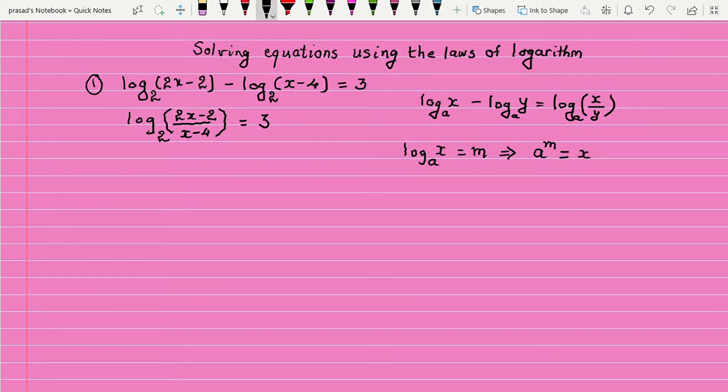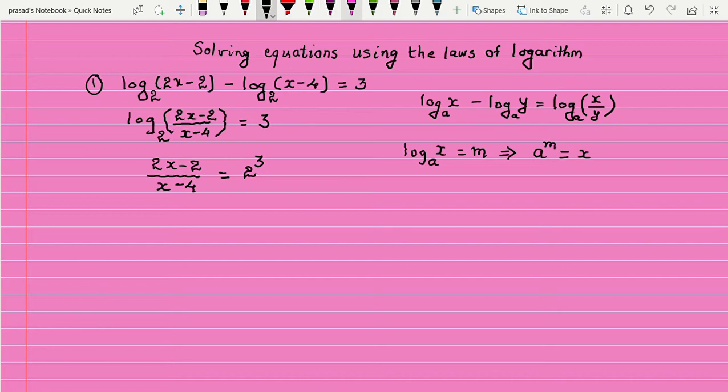So use it here. You'll get 2x minus 2 upon x minus 4 is equal to 2 to power 3. I'm changing the log form to the index form.